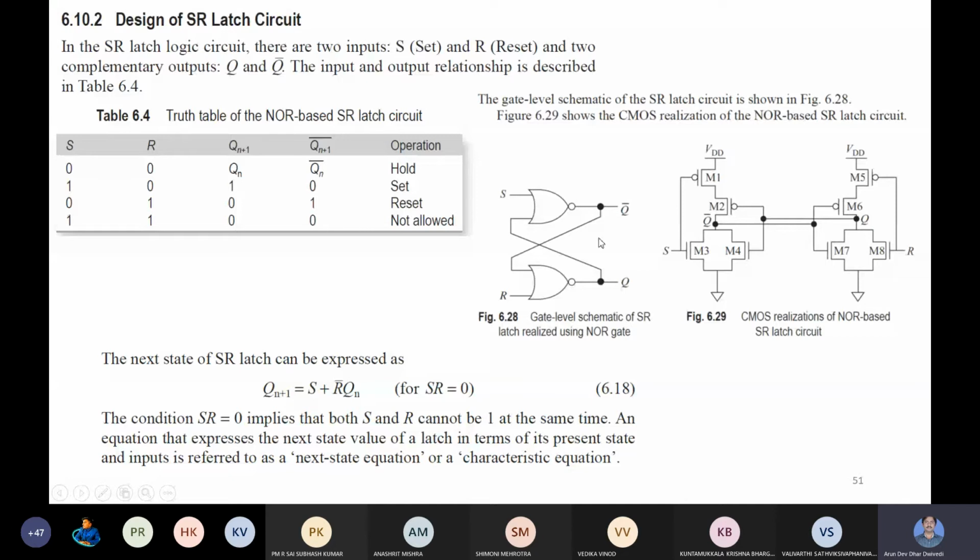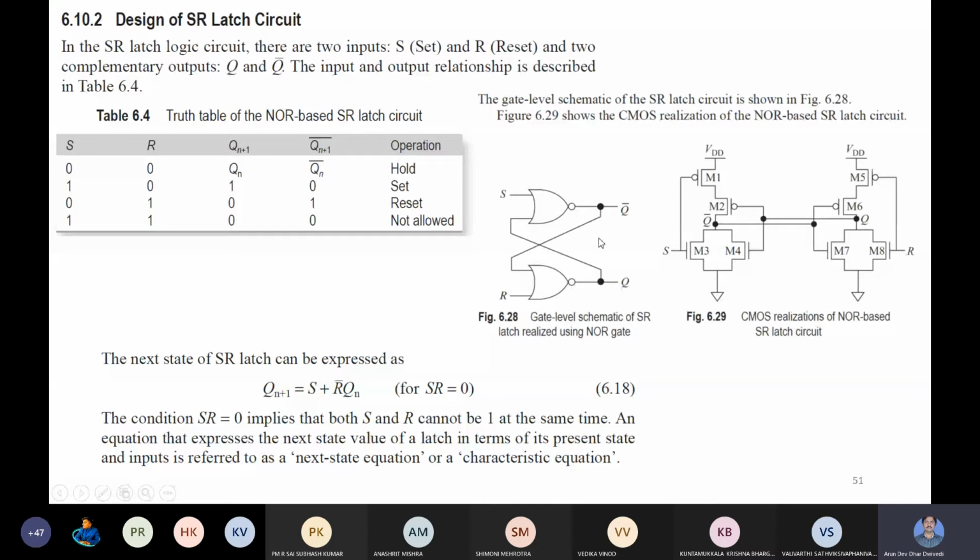As you are seeing here, one NOR gate is required, and another NOR gate is also required. You already know the NOR gate design, so I am not going to discuss it. I am leaving the truth table and other understanding to you. The logic required with the help of NOR gates, gate-level implementation, is shown, and how it is implemented at transistor level we can do from this. One NOR gate is required on this side, and the other NOR gate on this side.